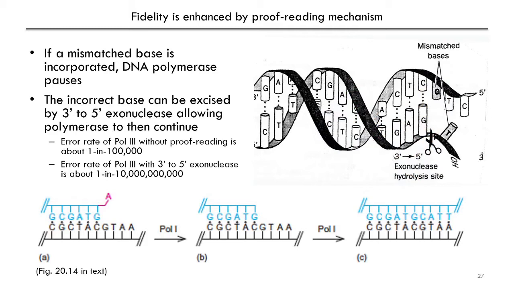In effect, this provides a proofreading mechanism for the enzyme to go back and correct a mistake it has just made before moving onwards. Without this proofreading mechanism, the error rate of DNA polymerase III is about 1 in 100,000, but with the 3' to 5' exonuclease activity, the error rate is reduced to 1 in 10 billion.